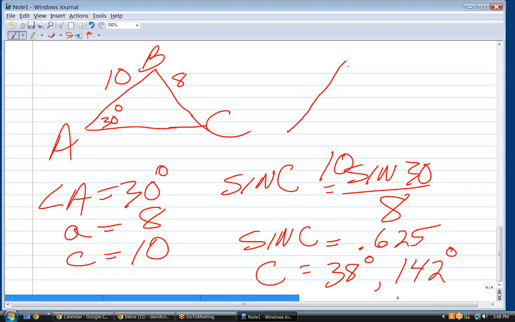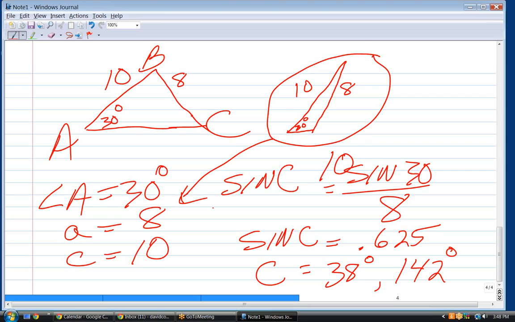So the other picture for this triangle would be this. And notice everything that we were given is still the same. That's 10, that's 8, that angle's 30 degrees. This triangle fits those three conditions just like the big triangle does.